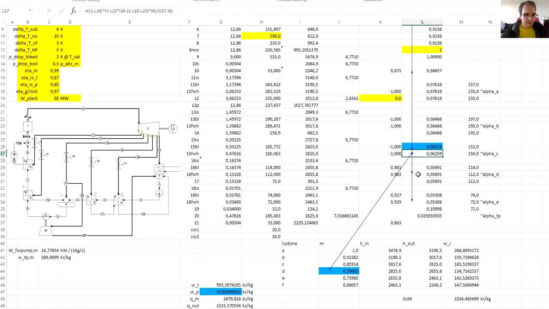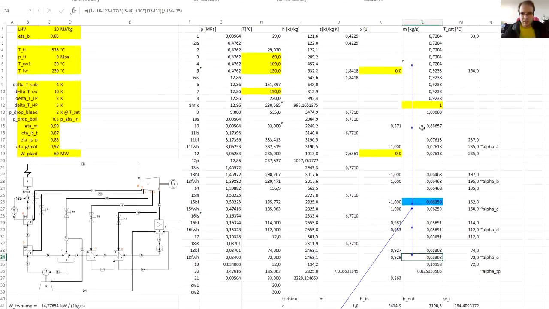Then the mass flow rate here at the feedwater heater 16, which is referenced to the mass flow rate of 1 in here, and then subtracting what flows in the first 3 turbine bleeds, and also 18, and then here in the point 10 outlet of the turbine, and point number 4, which is inlet in here.